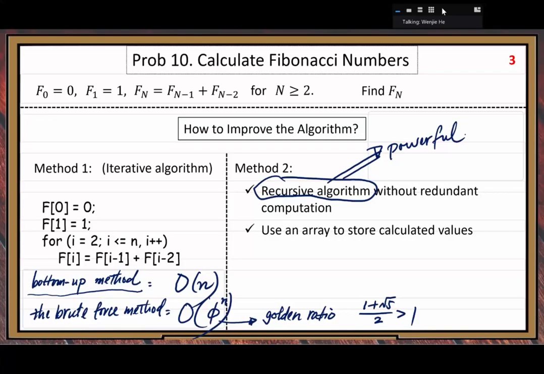That's the key idea for removing redundancy. Use a temporary array to store calculated intermediate values.